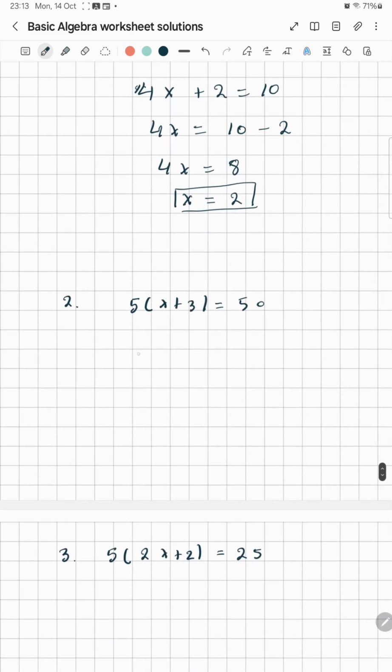Number 2, we expand the bracket, 5x plus 15 equals 50, 5x equals 50, take away 15, 5x equals 35, we divide by 5, 35 divided by 5 is equal to 7.